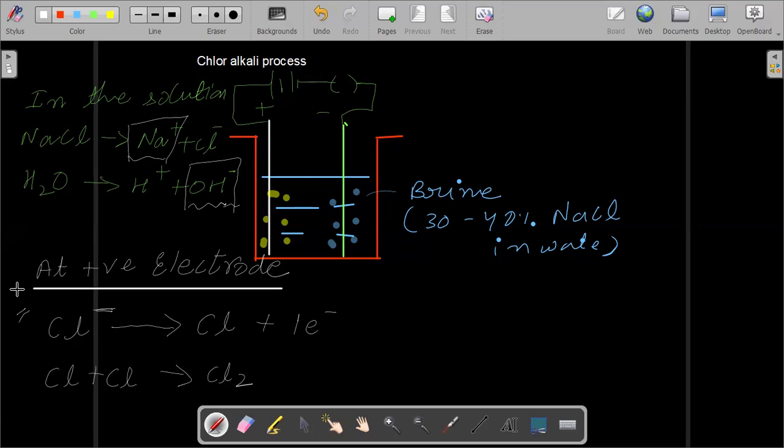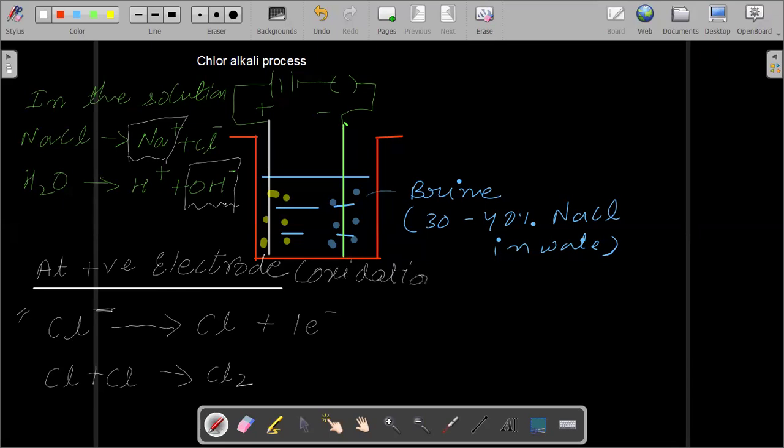Can you see in this reaction? On the reactant side, you have the chloride ion, and on the product side, we observe that chlorine has lost one electron. And as per the definition we had studied, loss of electron is oxidation. So at the positive electrode, we observe oxidation occurring.